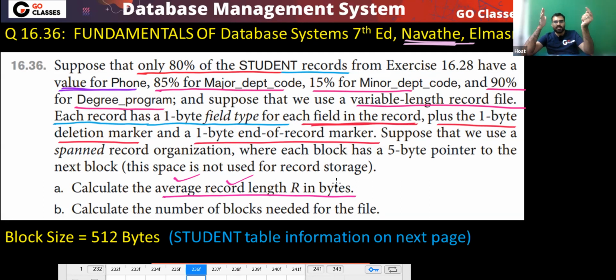Seek time, rotational latency, random access or consecutive access, track capacity, number of cylinders, cylinder capacity, disk capacity, useful capacity, total capacity. So these 4 questions that we have taken cover every single thing.